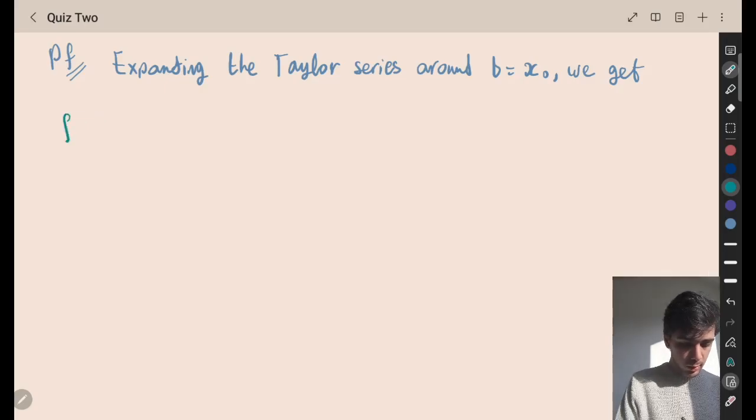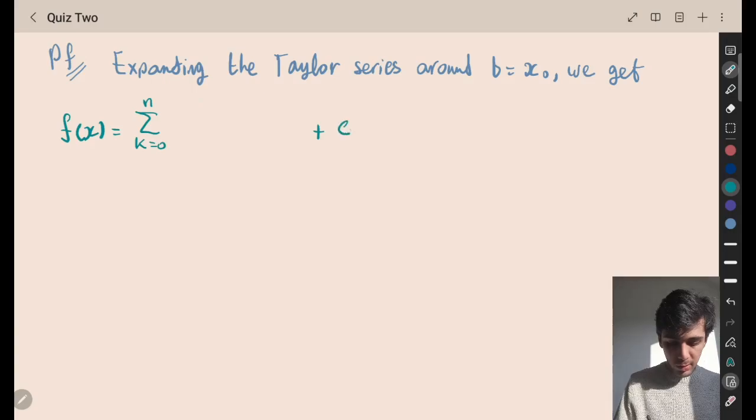Recall that the Taylor series of f of x is an infinite polynomial. Well, I mean, it's a finite polynomial plus an error term. This is how it's given to us, but I like to say that it's an infinite polynomial because basically you can make n as large as you want.